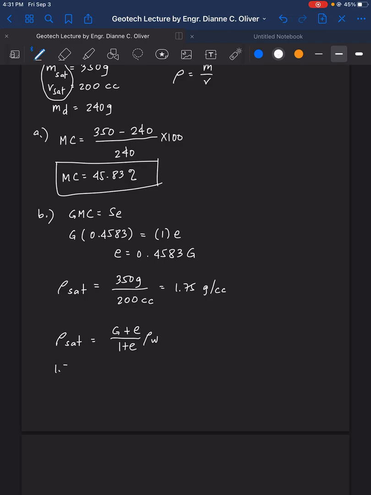Rho sat is 1.75 gram per cc equals G plus E. What's the value of E a while ago? Here, we have the equation 1.